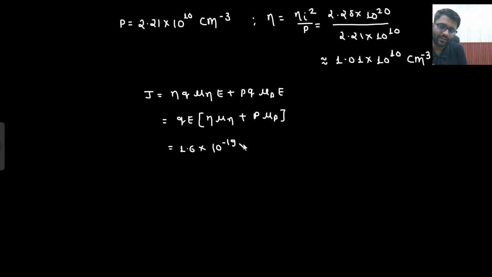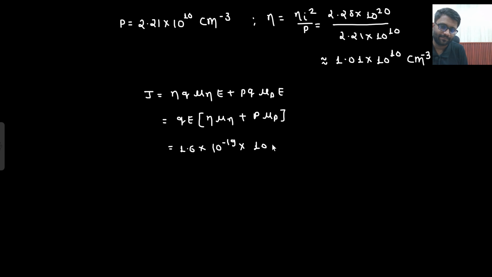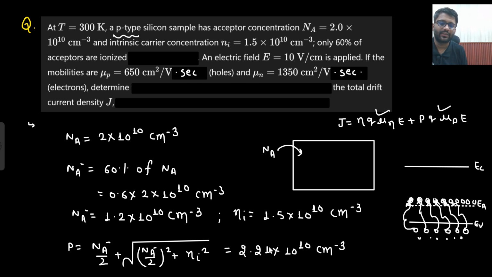1.6 into 10 to the power minus 19. The value of electric field is 10.